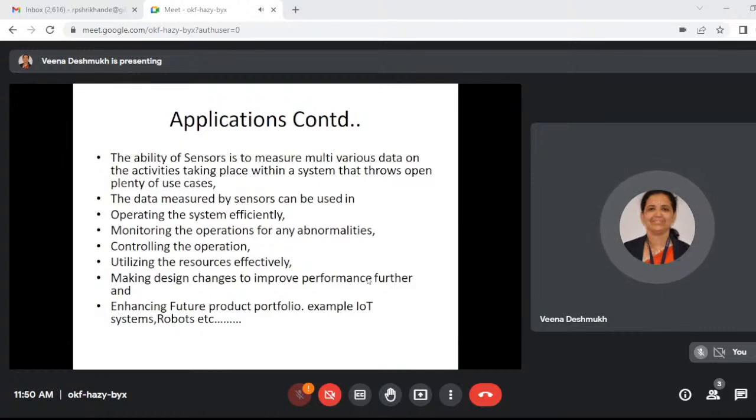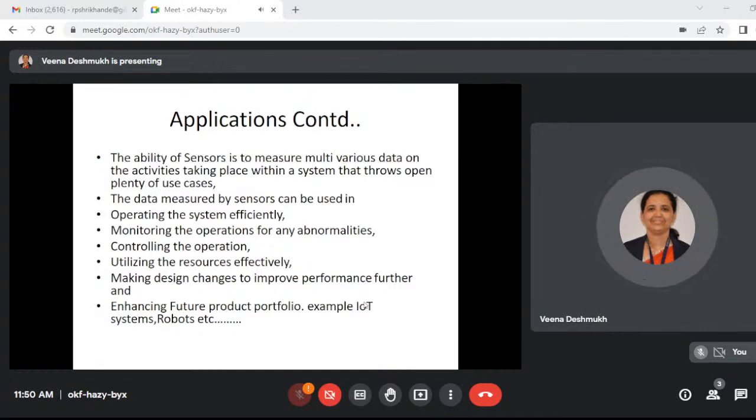The data measured by these sensors can be used in many operating systems efficiently, for monitoring of the operations, or for monitoring and controlling abnormalities. So for all these purposes, the sensors are utilized.